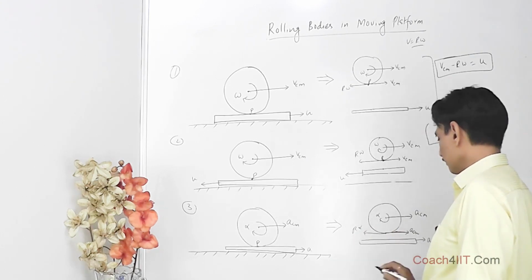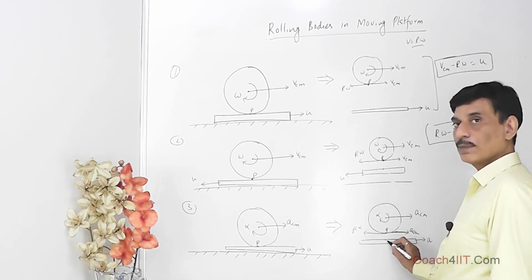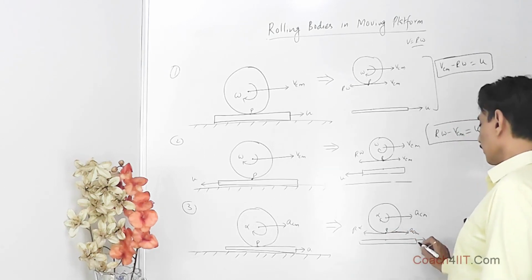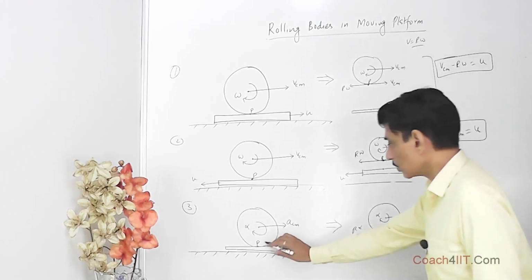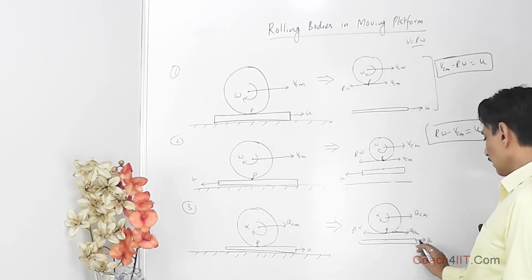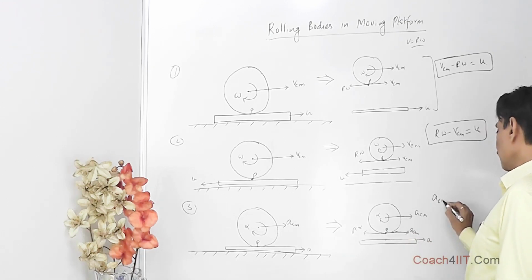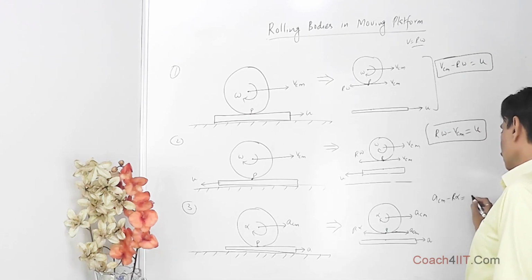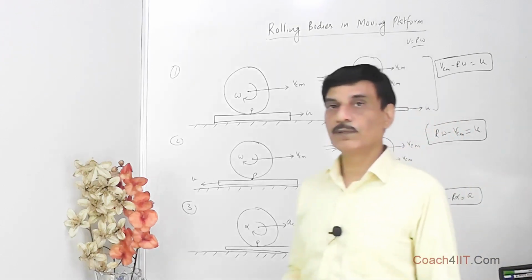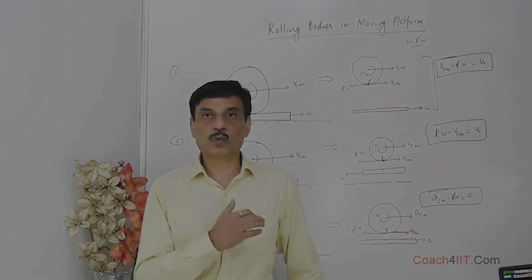We want that this point should not be skidding with respect to the platform, so the net acceleration of this point should be the same as that of the platform. The net acceleration should be in this direction, equal to a, so acm should be greater than r alpha. That's why acm minus r alpha should be equal to the acceleration of the platform. In this case there will not be any slippage between the two surfaces, and there is going to be pure rolling of this body over the moving platform.